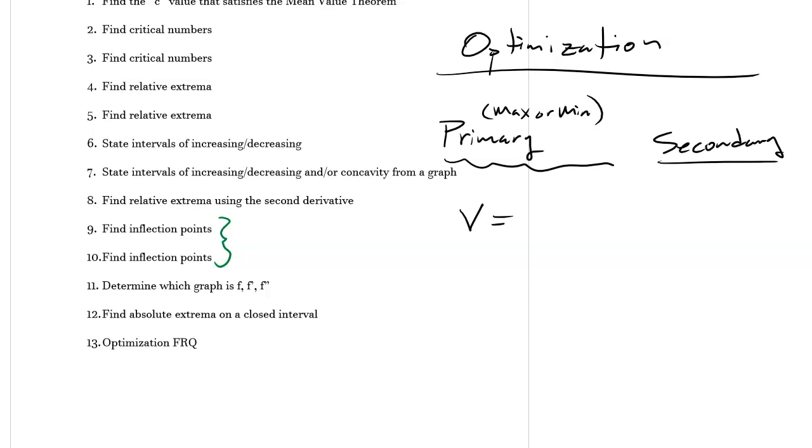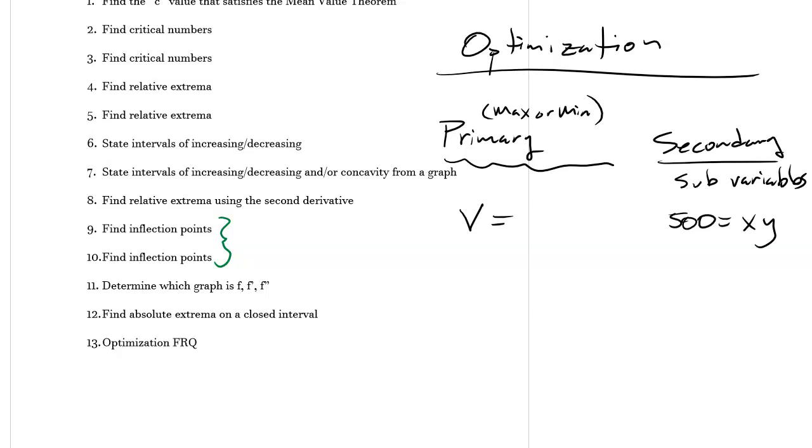Your secondary equation, its only purpose is to be able to substitute variables. And it's traditionally going to be something with numbers. So in the problem, you'll be given numbers. I'll just make this up. It'll say something like the two numbers multiplied is 500.